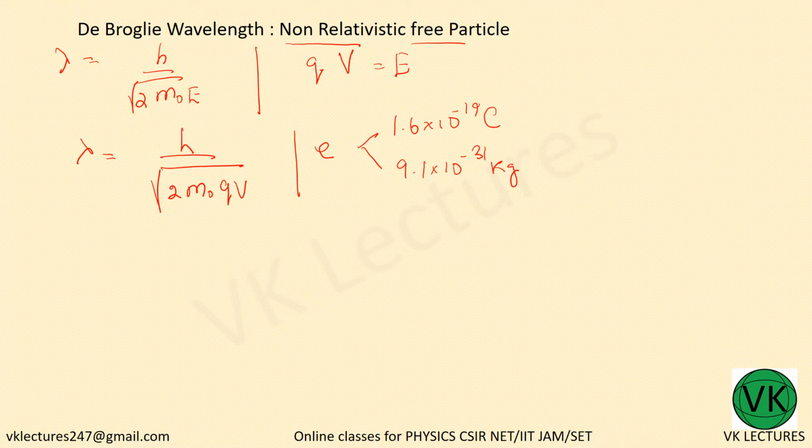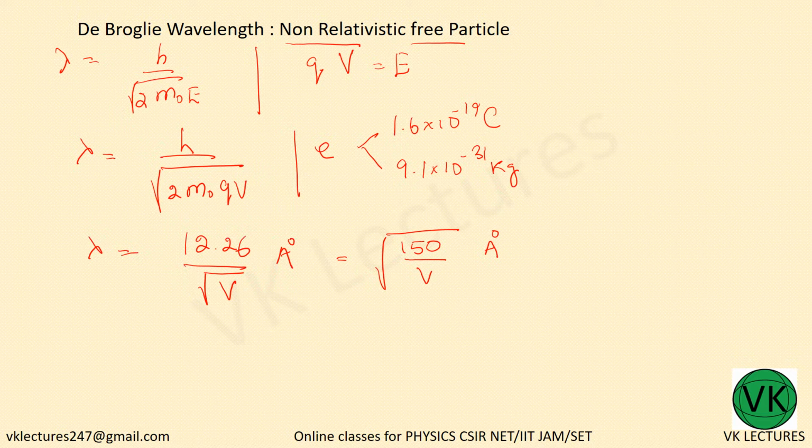What you arrive at is lambda is equal to 12.26 divided by root V, where V is the potential. This is in terms of Angstrom. Or you can simply write root of 150 by V Angstrom.